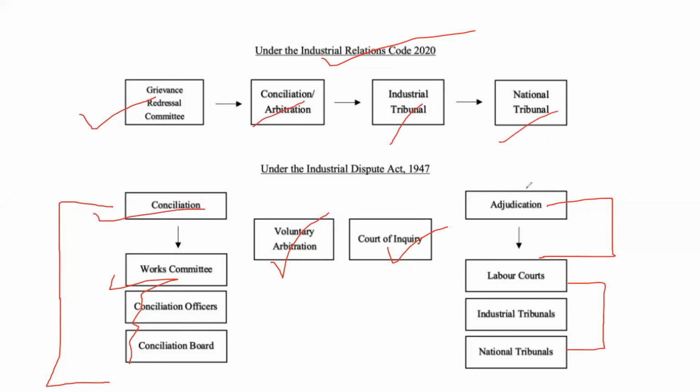There will be no such labor courts under the IR Code. So yes, we can directly go to the conciliation officer and directly to the industrial tribunal under the IR Code. As of now, they have not mentioned any rules for that dispute mechanism, but we will wait for the final rules.